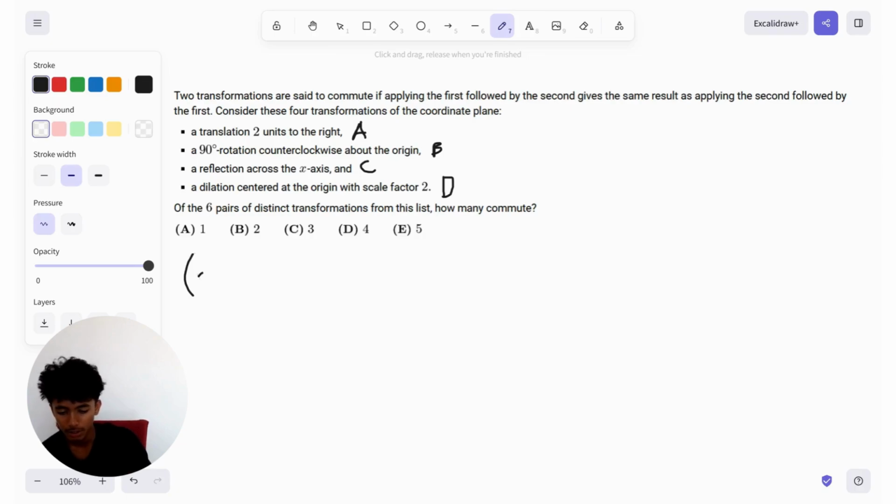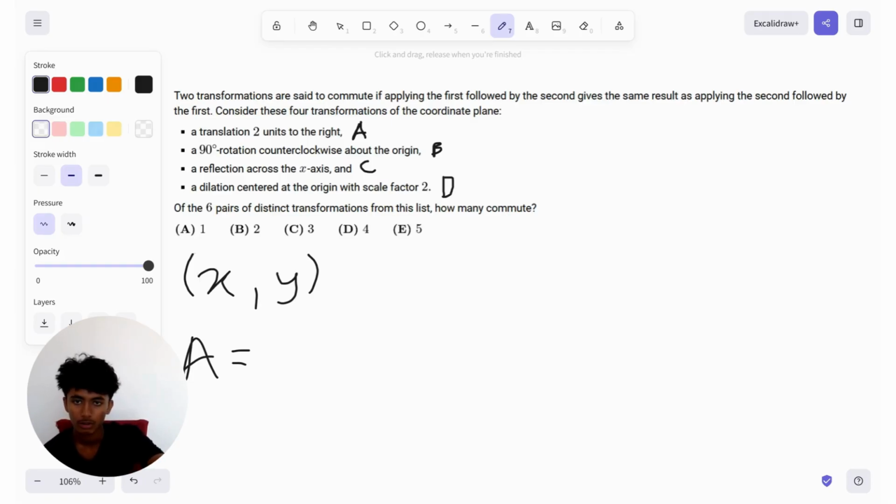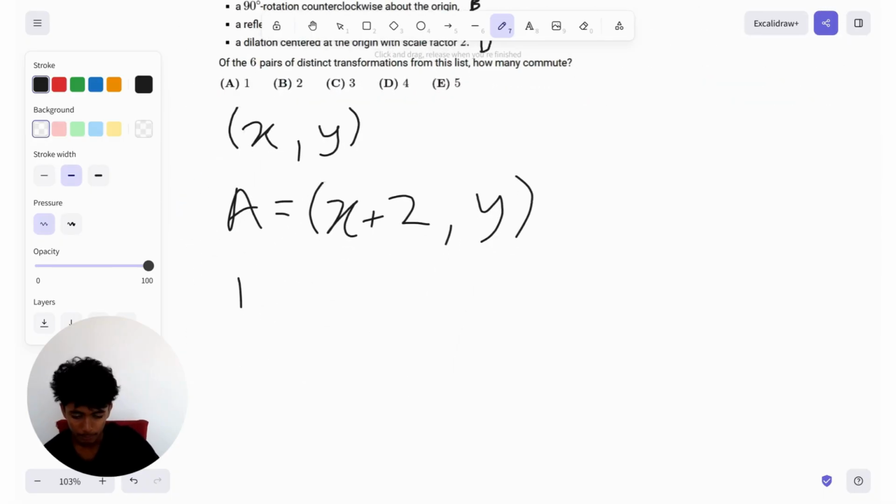Let's say that the original point was x comma y. Then A would turn it into x plus 2 comma y.